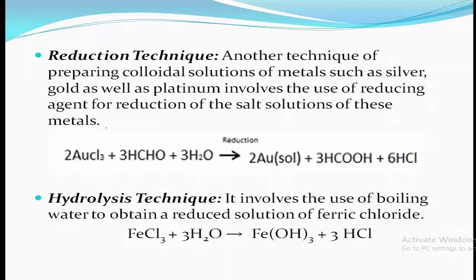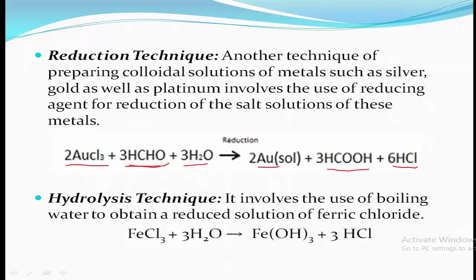Here I have taken the example of gold chloride. When it is treated with formaldehyde and water, it will undergo reduction to form gold sol along with formic acid and hydrochloric acid. Here the reducing agent is formaldehyde.